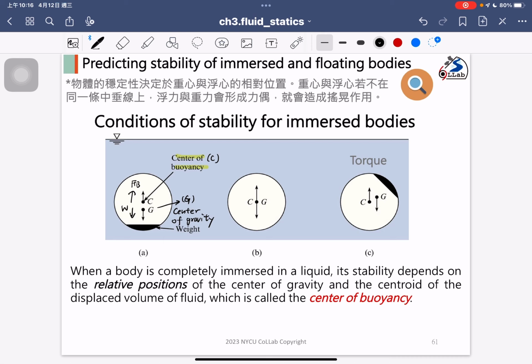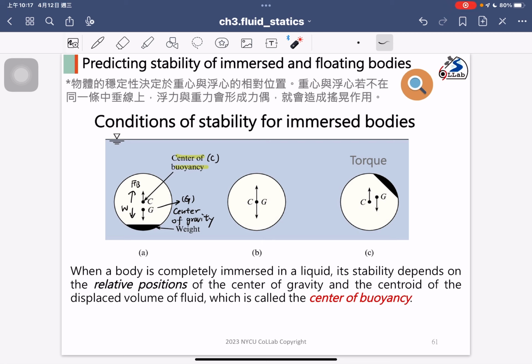If the forces act along a single line, there is no rotation, because they don't have any moment or torque. So for case 1 and case 2, we know there are no rotations.